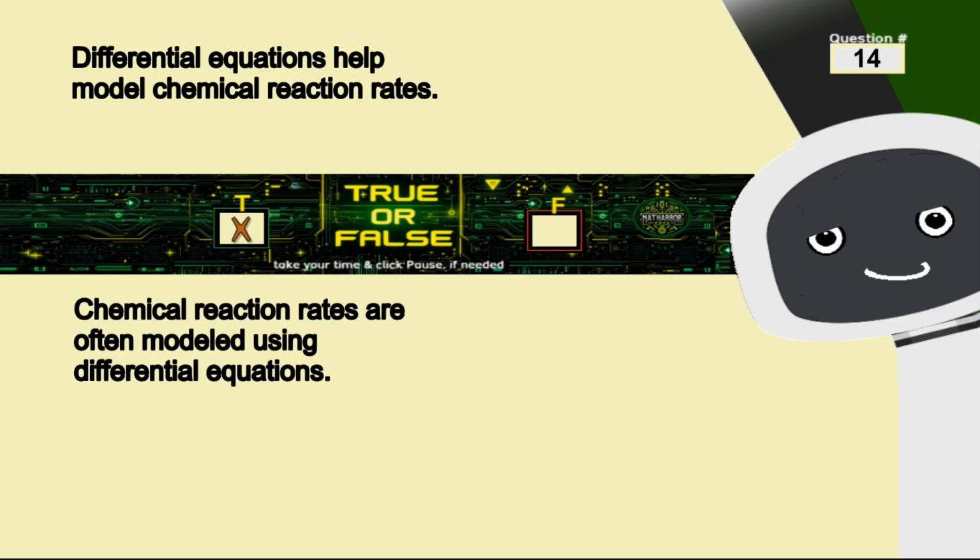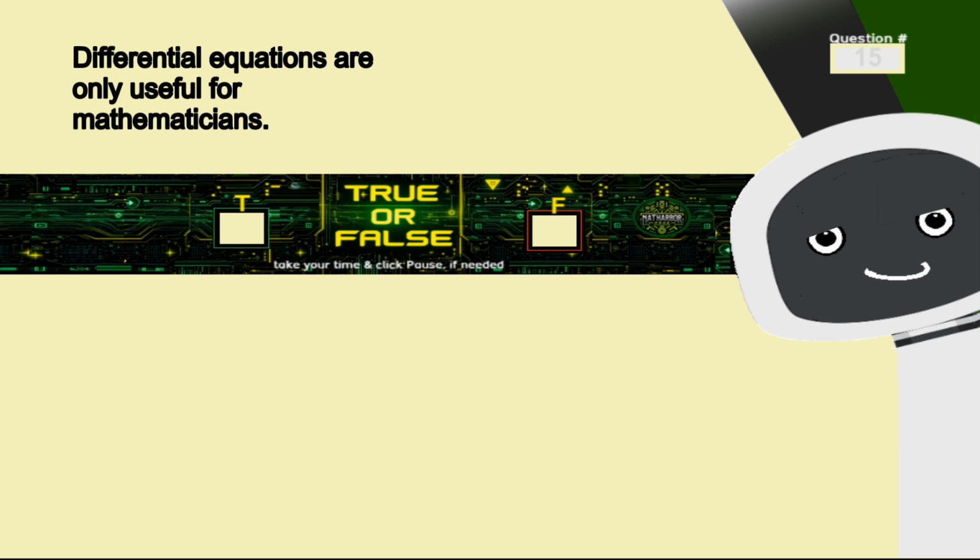Differential equations help model chemical reaction rates. That is true. Chemical reaction rates are often modeled using differential equations. True or false? Differential equations are only useful for mathematicians.